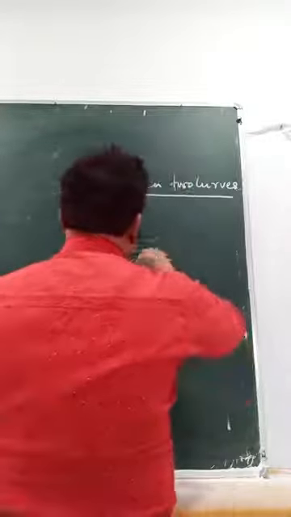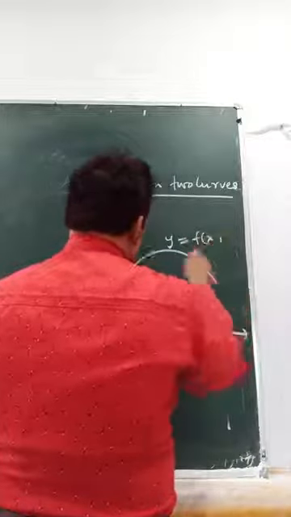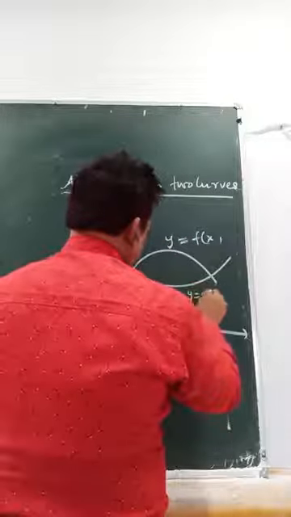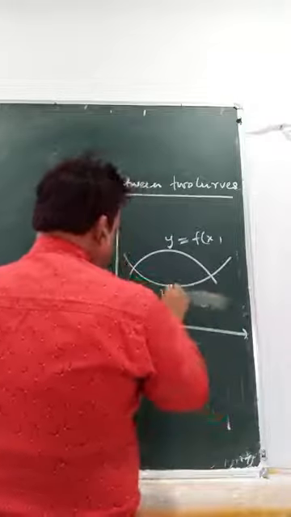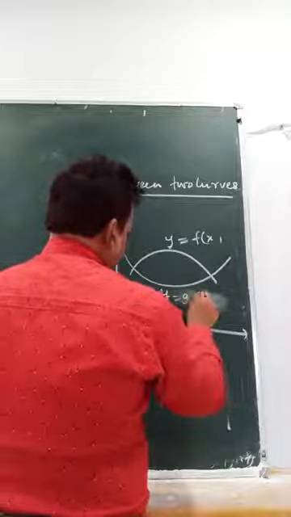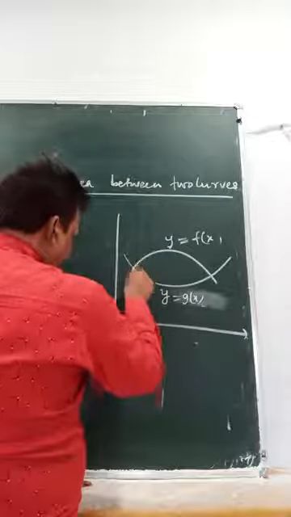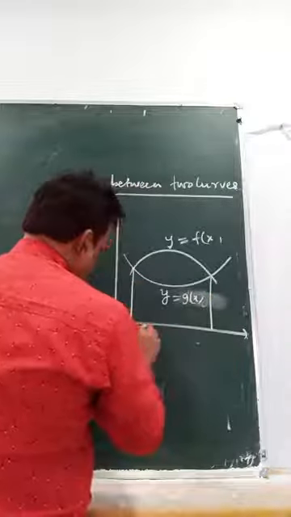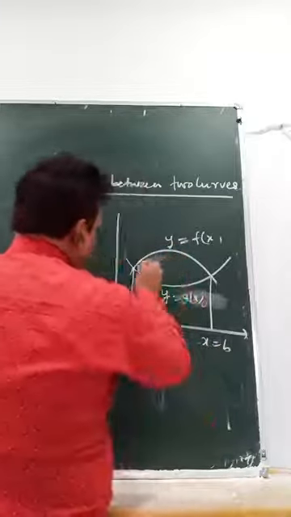Suppose there is a curve y equals to f(x). There is another curve here, y equals to g(x). Now if from this common point you drop a perpendicular, this is x equals to a, to x equals to b. You are asked to find this region.